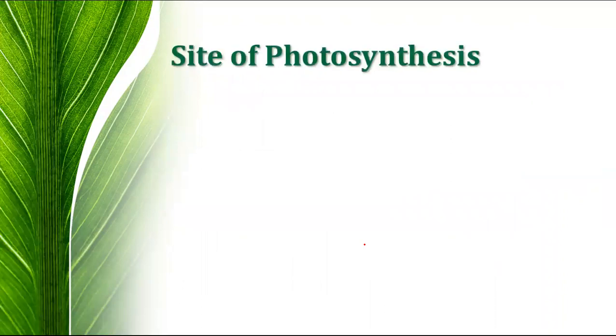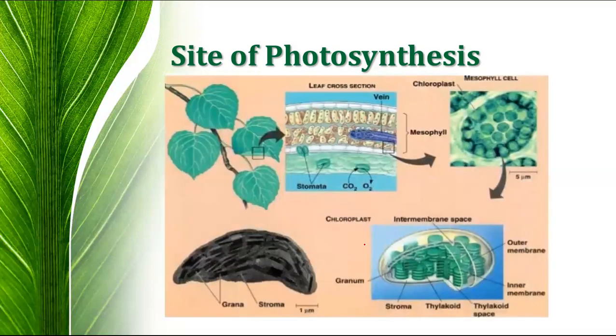Now, the site of photosynthesis: where does it occur? There are different kinds of organelles in plants, differentiated for specific functions. In the plant, the chloroplast is one of the most important organelles for photosynthesis. This chloroplast organelle is present in the leaf. Now look at this leaf.